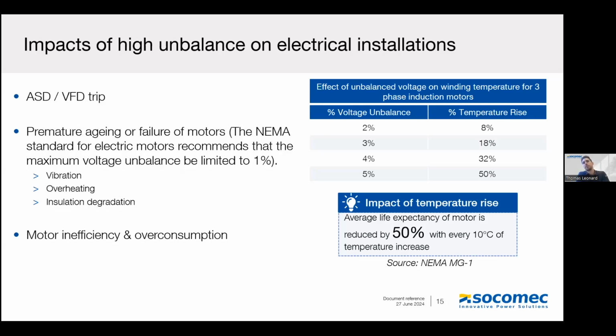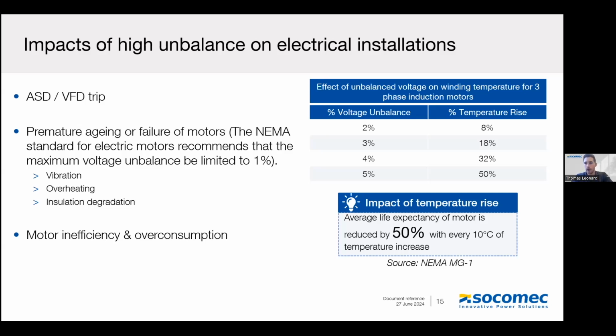There's an interesting table that gives the effect of imbalance on motors, and we can see that just a 2% voltage imbalance will result in an 8% temperature rise. And according to NEMA standards for electrical motors, every 10 degrees Celsius increase in temperature reduces the life expectancy of the motor by 50%.